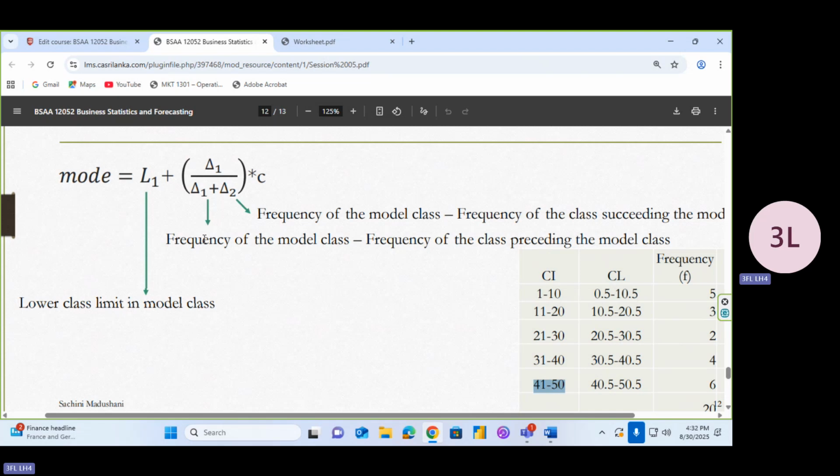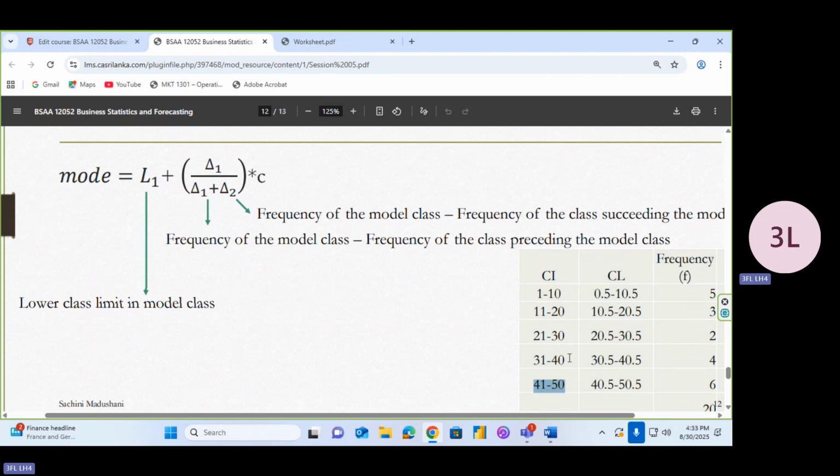Here L1 is there. Now you know L1 is the lower class boundary. In the median formula, we write down the lower class boundary in the median class. Here we write down the lower class boundary in the modal class. Understood?